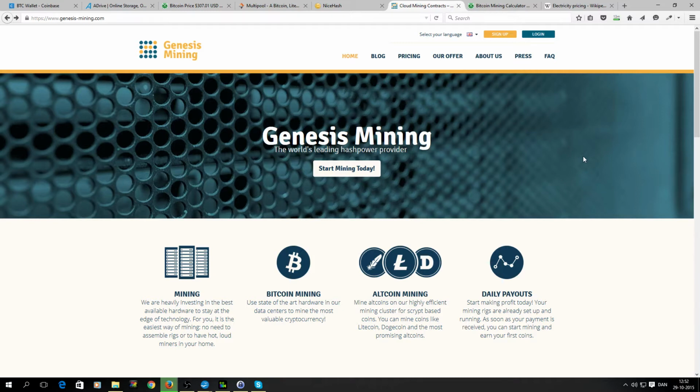Or you could try renting some mining power on one of the sites we have looked into, either where you rent directly and put it into your pool account, or where you simply do everything through a cloud mining service.